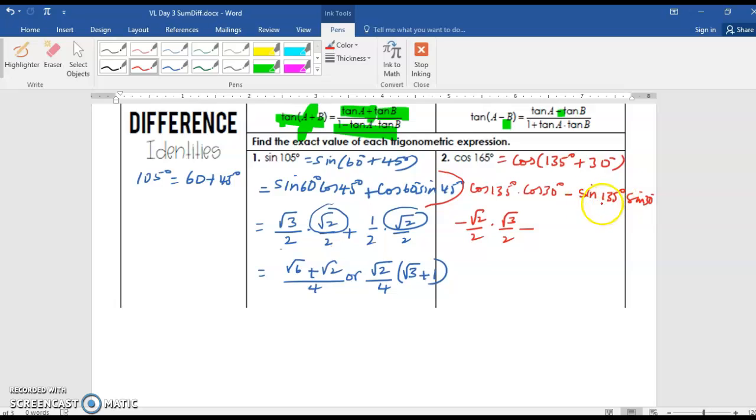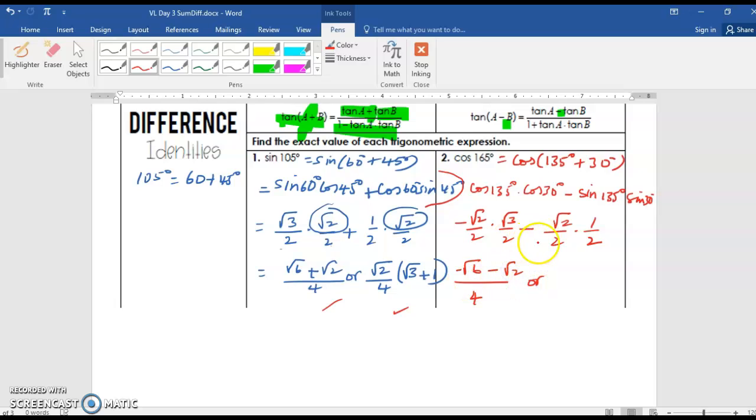Minus sine 135, which is positive root 2 over 2, but there is a minus here, so it will be minus root 2 over 2. And sine 30 is a half. Right? Again, you can write it in this way or that way. So I'm first going to multiply it through. You have a common denominator 4 and you can write it as negative root 6 minus root 2 over 4.